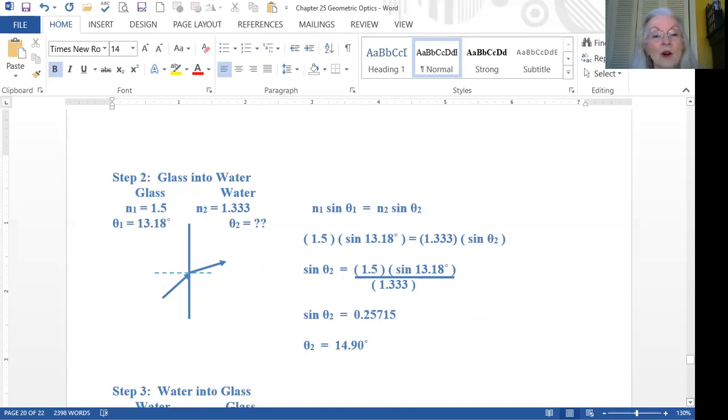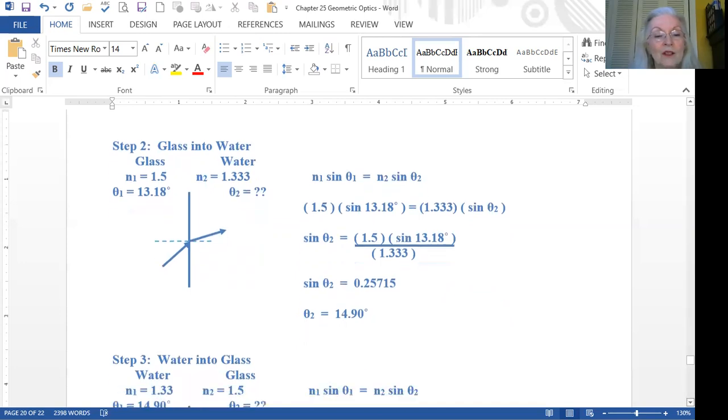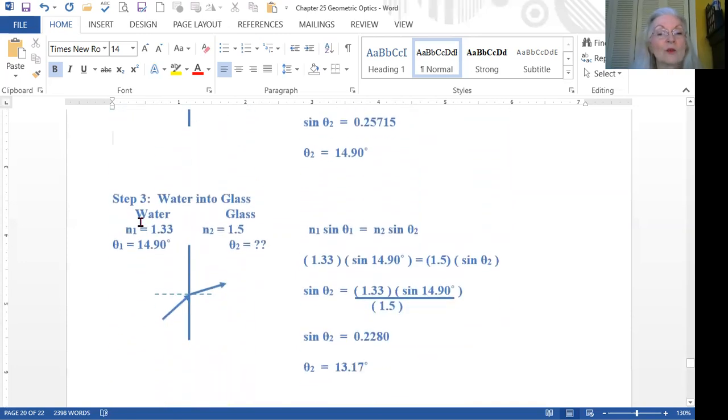So now we're in water. We need to go from the water to the other side of the glass. So we're working our way through water to the other side of the glass. So we know we start out in the water at 14.9 degrees. The index of refraction for the water is 1.33.